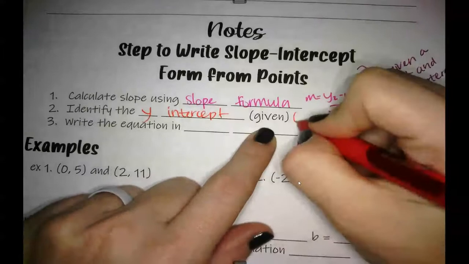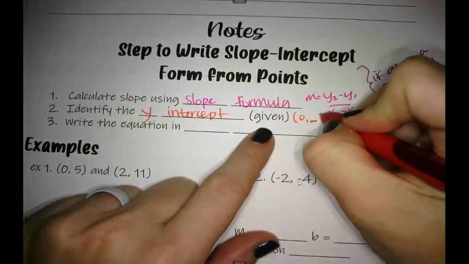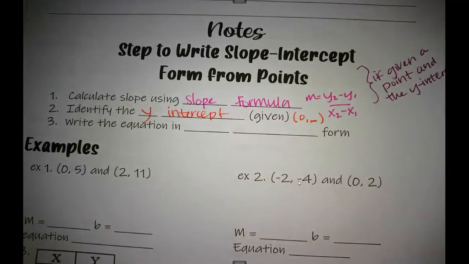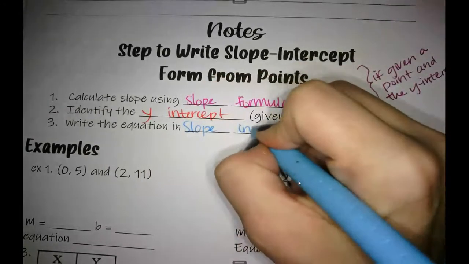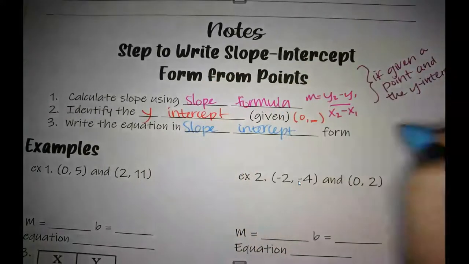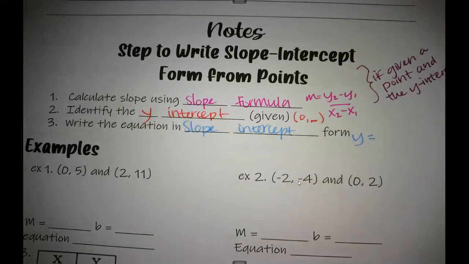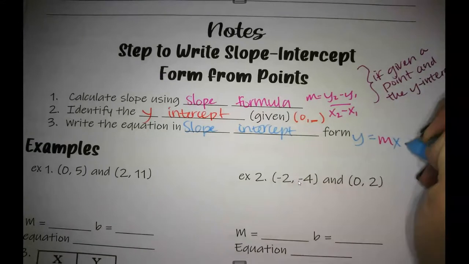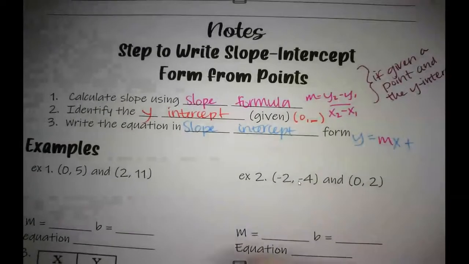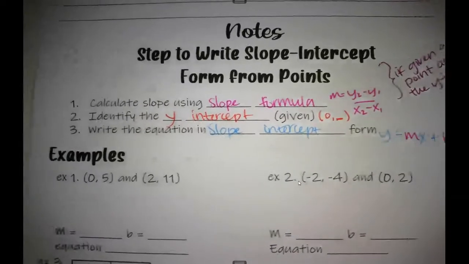This is going to be the point that is 0 and then some number. And then we're going to write the equation in our slope-intercept form. Remember, y equals mx plus, I did it again, b. Okay?